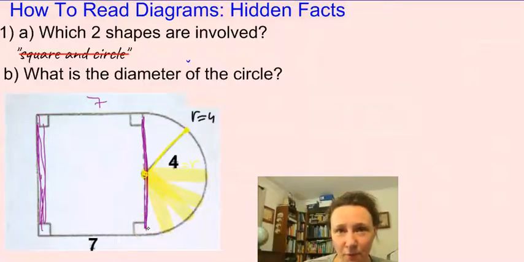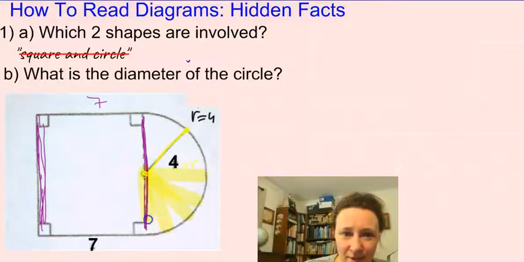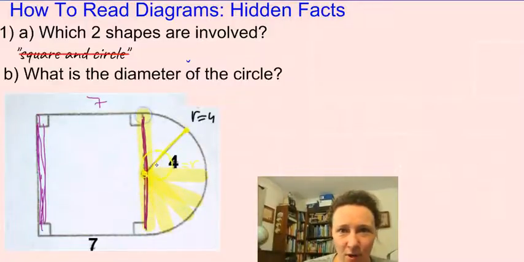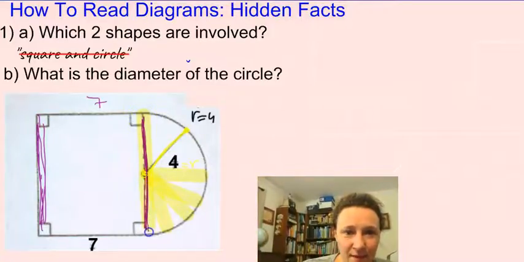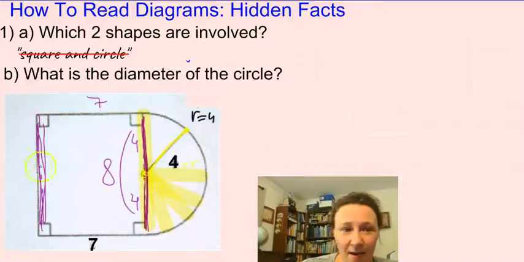All of them would equal 4 units, including a very important radius right here. Well, since this is a 4 and this is a 4, both of them are radii, then it tells me that the measure of this full length would be 8, and the opposite side would be 8 as well.